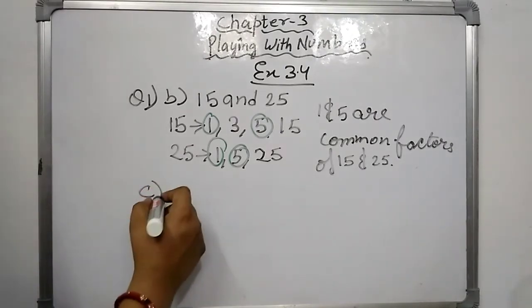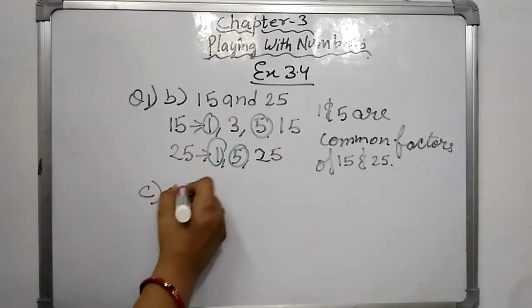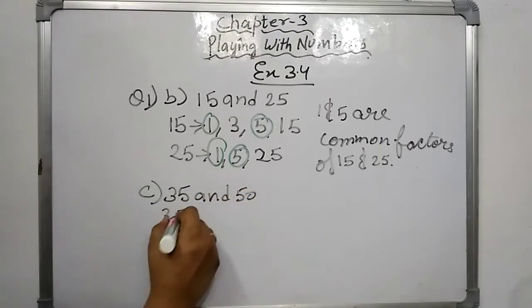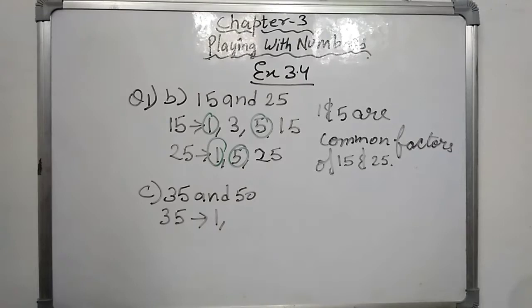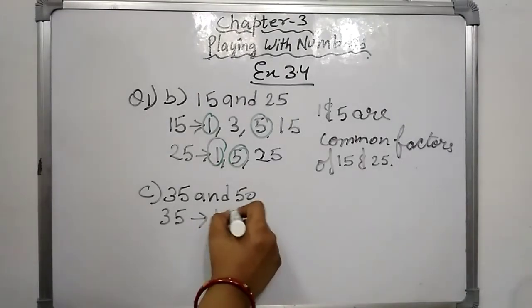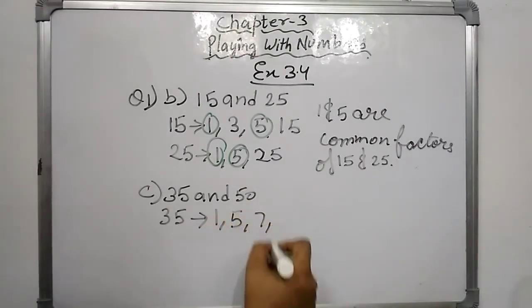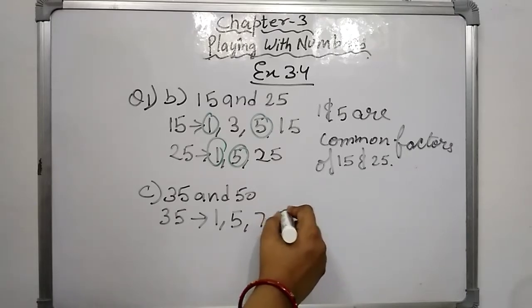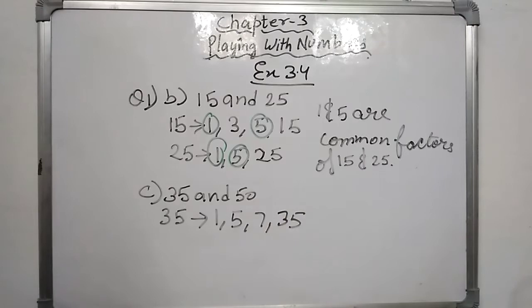C part is 35 and 50. So write down factors of 35. Number 1, 5, 7 and then 35.